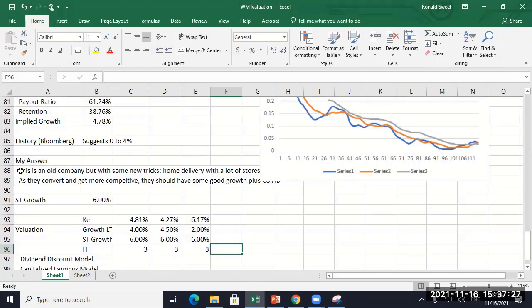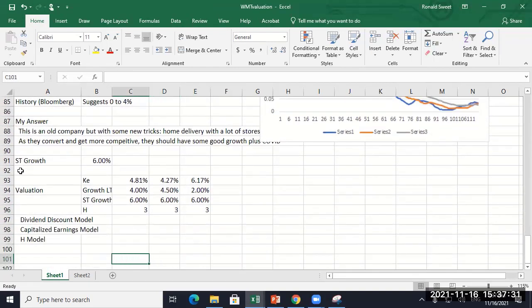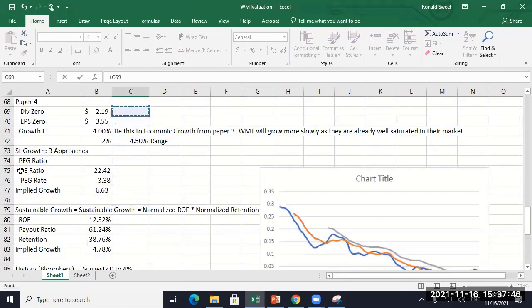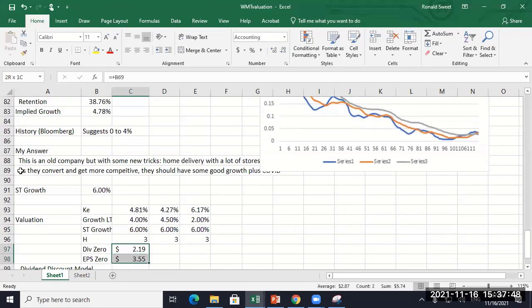So my H is gonna be 3. And they're gonna get some higher growth. And then what else do we need? Got our dividend 0 and our EPS 0. We got everything we need all up there. There's my dividend, EPS.